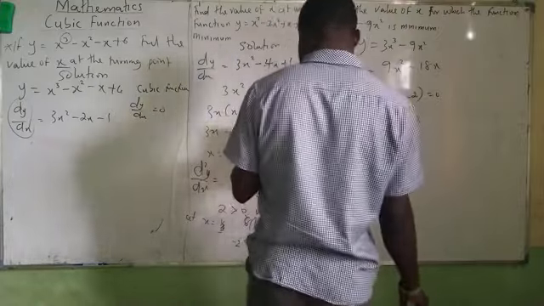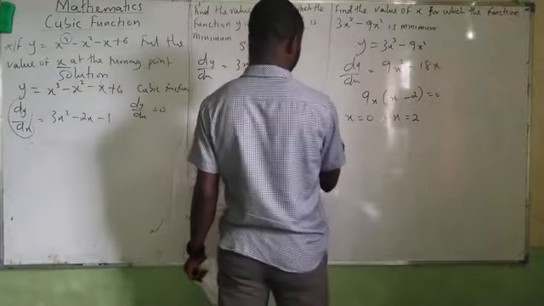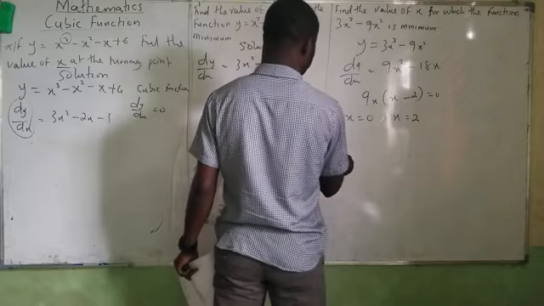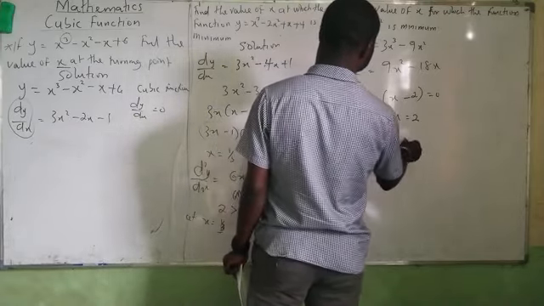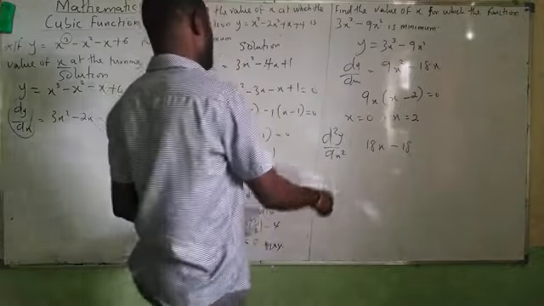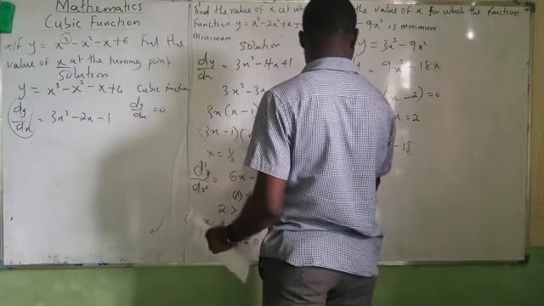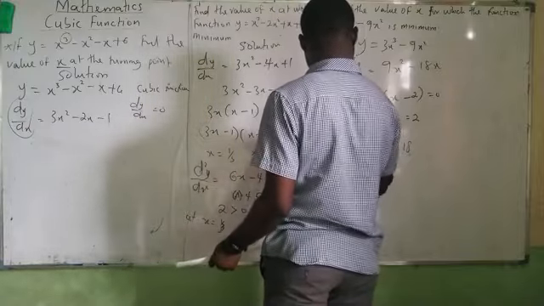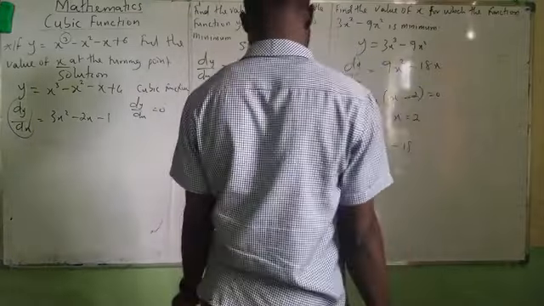Now, I will continue. d squared y over dx squared will be equal to 18x minus 18. Now, at x equals 0, I'll have minus 18, which is less than 0, so it is a maximum.